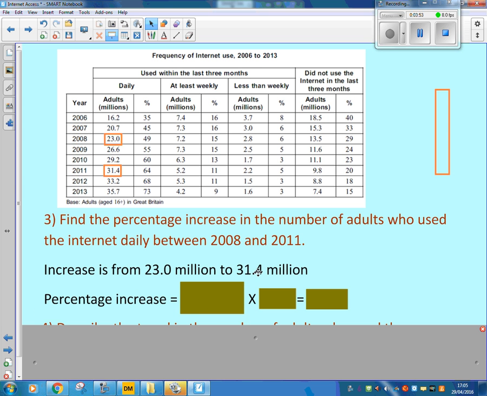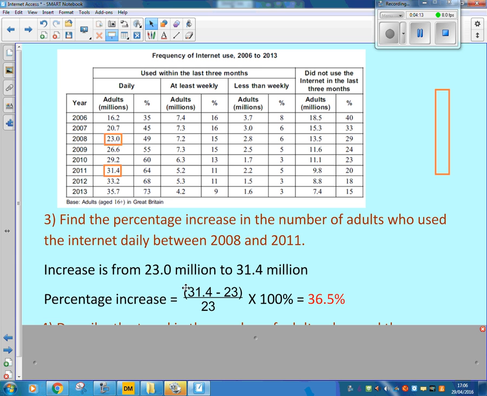So you take the 31.4, you subtract the 23, and we divide by the earlier of the 2 figures. It doesn't matter which is bigger, the earlier. The earlier one is the 23. And then multiply by 100% as normal, and it comes to 36.5%.